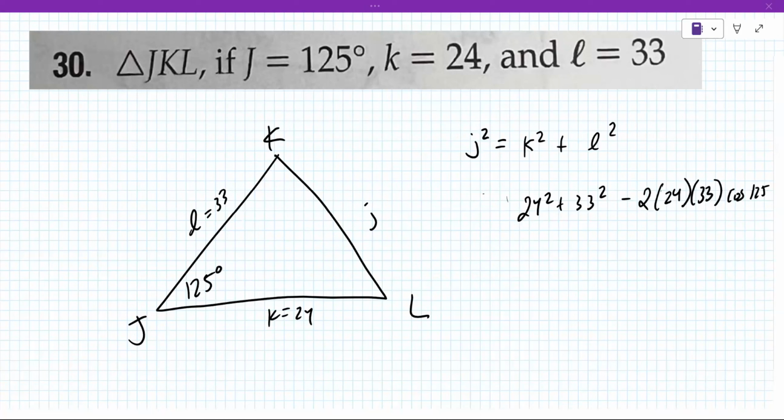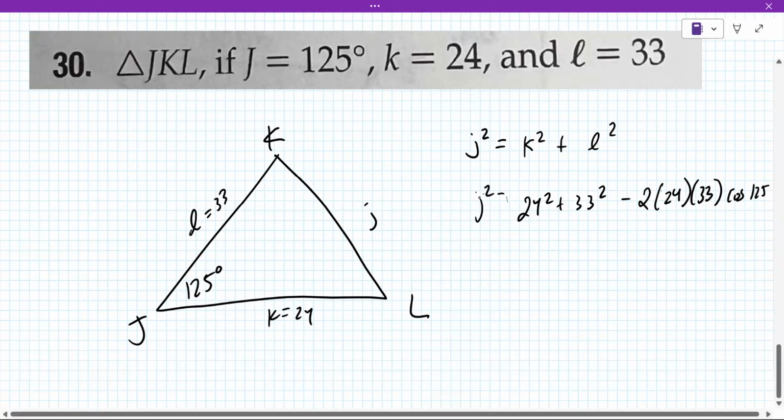And you can tell, notice how that number is a whole lot larger than the K and L values that are given in the problem. That's your indicator. A lot of times students will just think, oh, maybe I forgot to take a square root, and you have to take a square root. So J is much smaller. Go ahead and give me the answer to 1 decimal place, please.